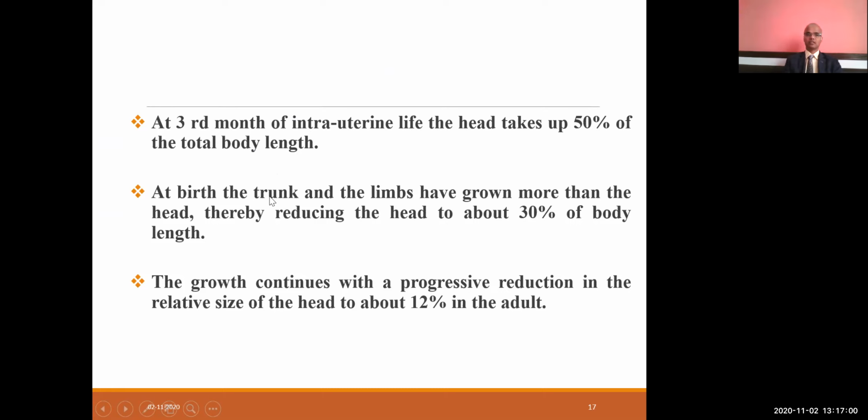At birth, the trunk and the limb have grown more than the head, thereby reducing the head to about 30% of body. So the growth continues with progressive reduction in relative size of head, about 12% in adult.